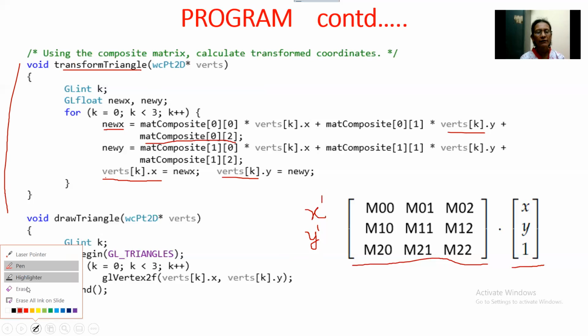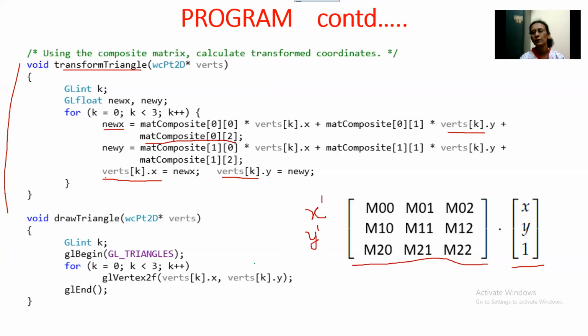Now once I have calculated this point x dash, y dash, next I have to draw. In our case it is a triangle, so in the function draw triangle, I give GL begin, GL triangles. That is, GL triangles will fill the triangle. Which are the three vertices?